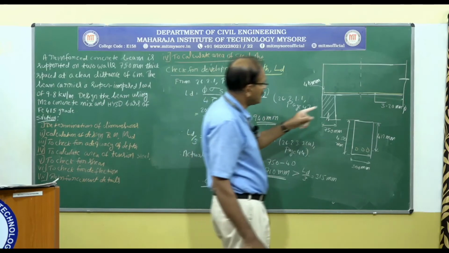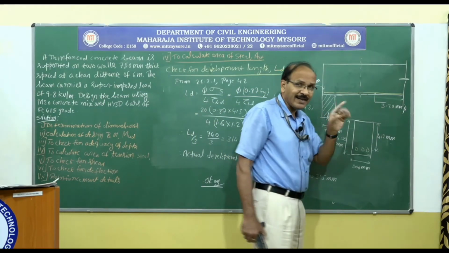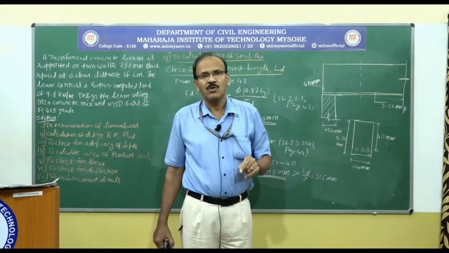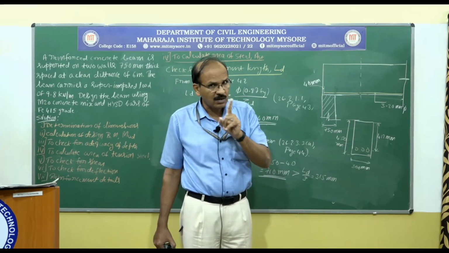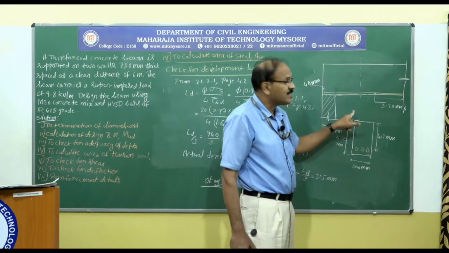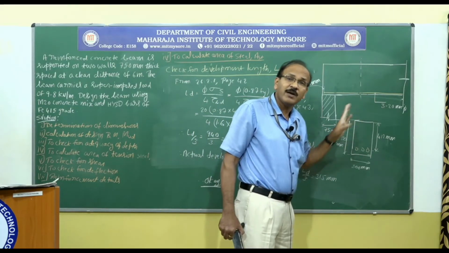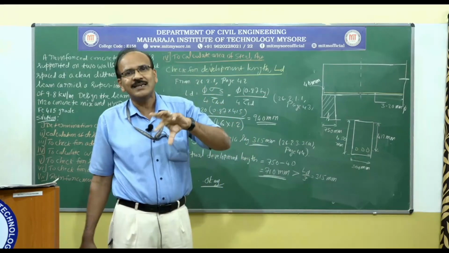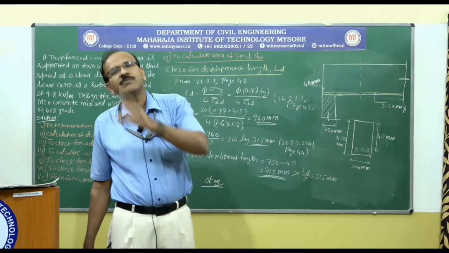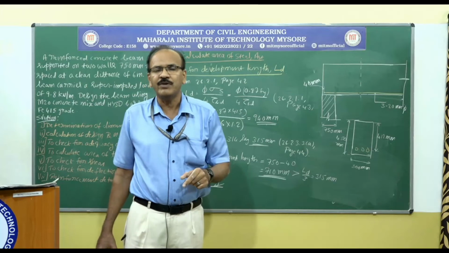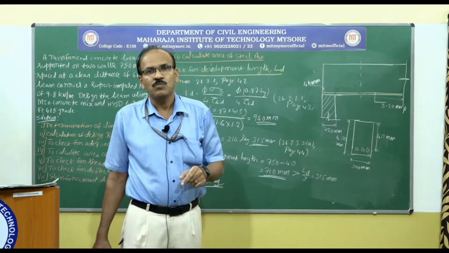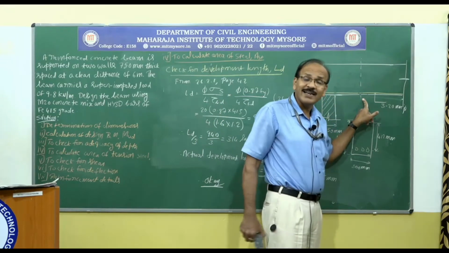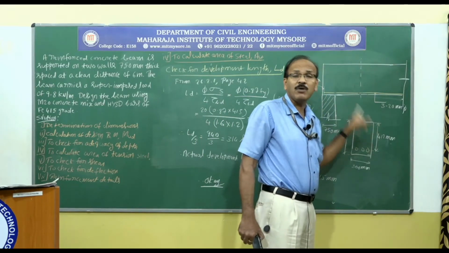However, in this case, because we are curtailing only 1 bar, the moment of resistance of this section will not be half, instead it will be around 2/3 of the maximum bending moment, that is the design bending moment we take. Then we have to find out where exactly we have to theoretically cut off that 1 bar.